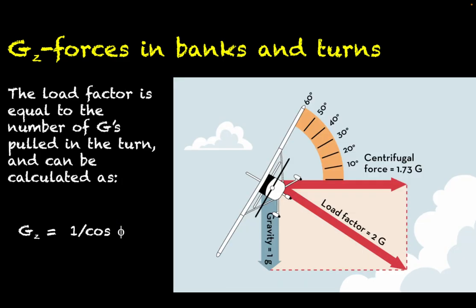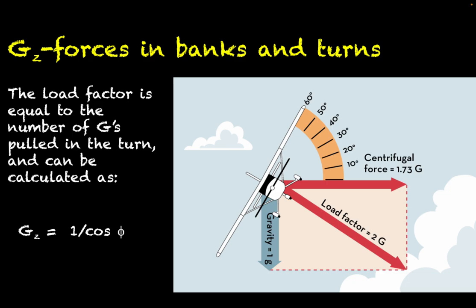And as you can imagine, the load factor, or the amount of G's that you pull, is going to be dependent on the bank angle itself, because the steeper the bank angle, the less lift your wings can ideally generate, and that's going to require you to pull back on the yoke even more, and that's going to generate that positive acceleration force that we just mentioned and put more strain on the human body.